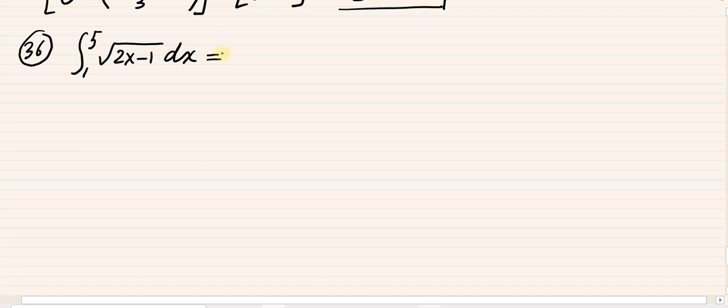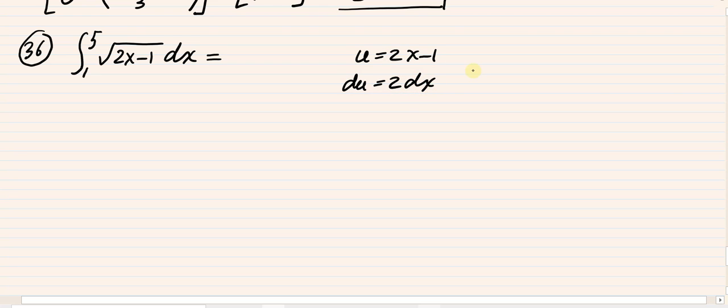Now, to do this one, because this is function composition, for function compositions we have to introduce a variable. So we're going to let u, for instance, be 2x minus 1, the inside function. That means du is 2 dx.